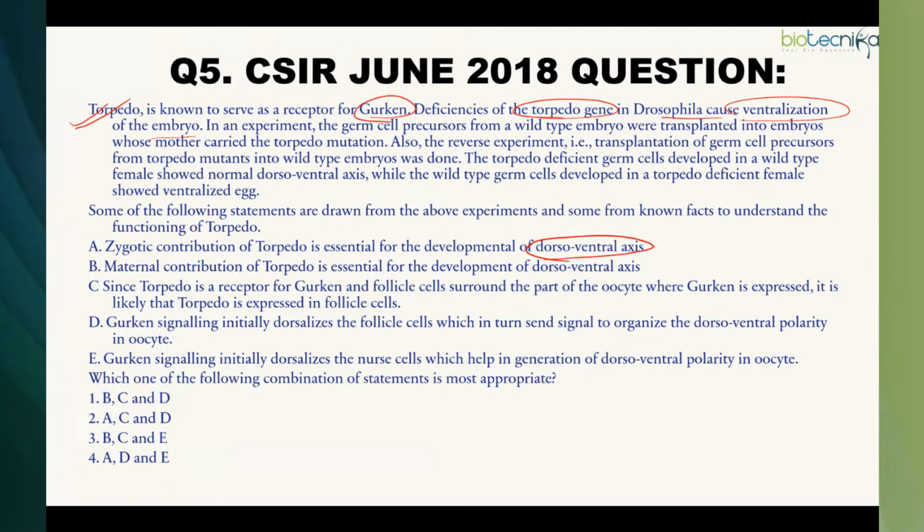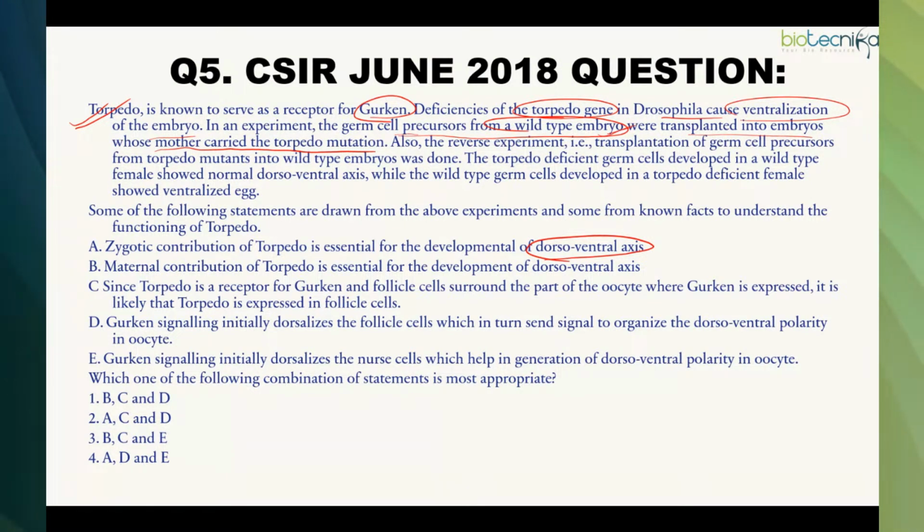So what do you understand from that? That torpedo activation will cause dorsalization. In an experiment, germ cell precursors from a wild type embryo, which means torpedo will be present and not deficient, were transplanted into embryos whose mother carried the torpedo mutation. The mother has the torpedo mutation, but the embryo is wild type.